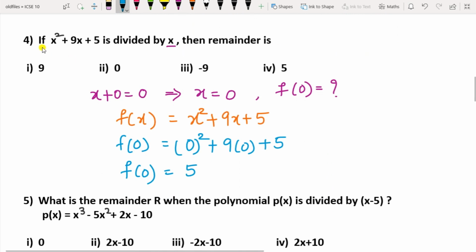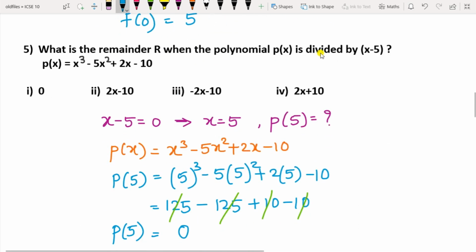Question number 4. If x square plus 9x plus 5 is divided by x, then the remainder is. Now here only x has been given, so x means x plus 0 equal to 0, so the value of x is 0. So the remainder is f(0) you have to find. In place of x substitute 0 and you get the value of the remainder f(0) as 5. So option 4 is the correct option. Question 5.